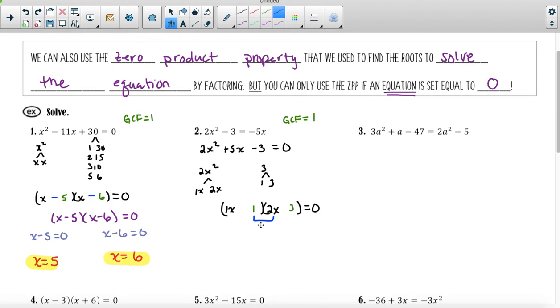So 1 times 2 is 2x, and 1 times 3 is going to be our 3x. Now 2 and 3 need to give me 5, which will work if they're both positive. So I'm going to check. 3 plus 2 is 5, but 3 times 2 is not 3.